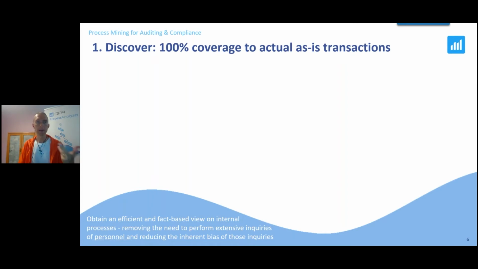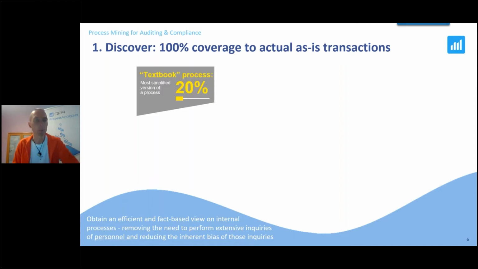Number 1, discover 100% coverage of your transactions. So basically, there's always a textbook process where things go in a simplified way. We all know this is not true. This is not the real truth, but this is the 20% sample solution that you get.